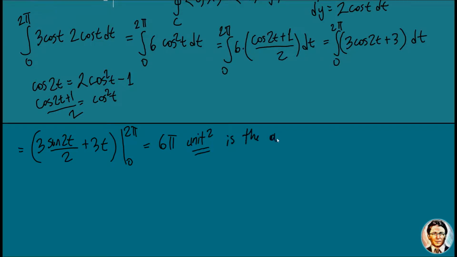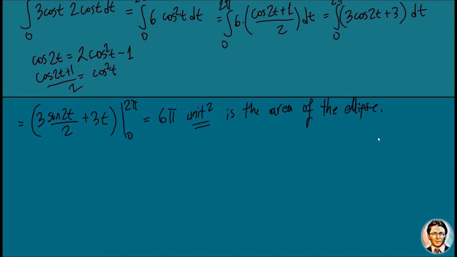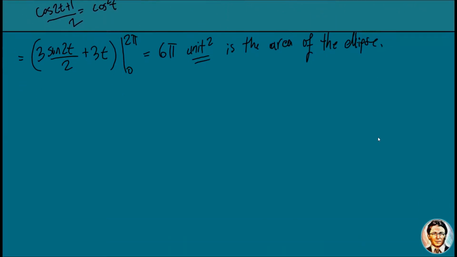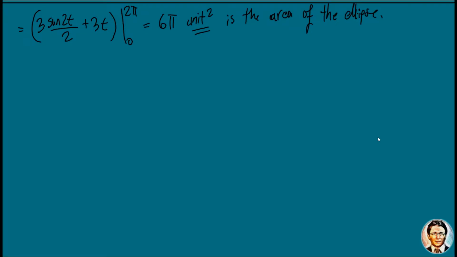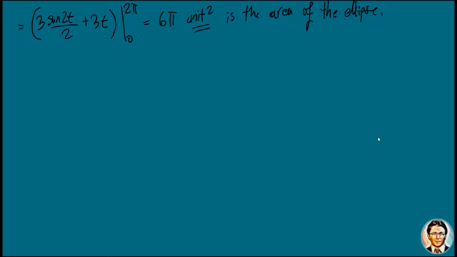A natural question is, if we choose a different vector field, would it be the same? Can we choose a different vector field? Yes.